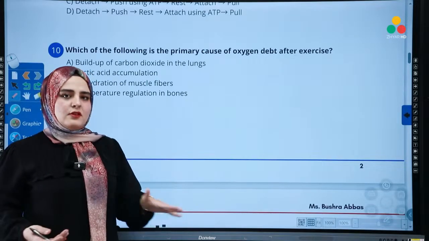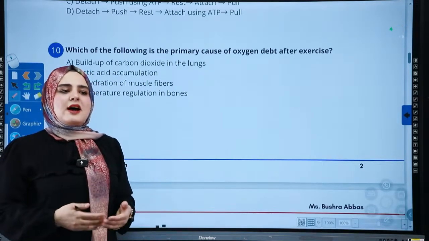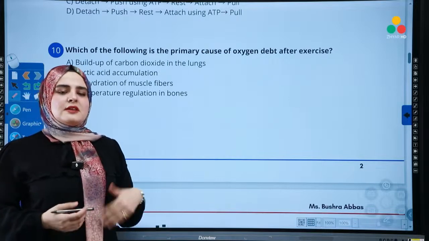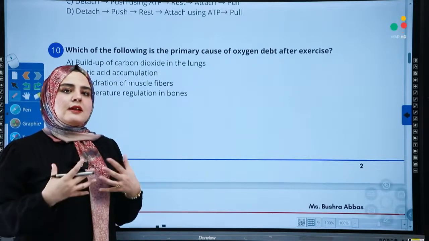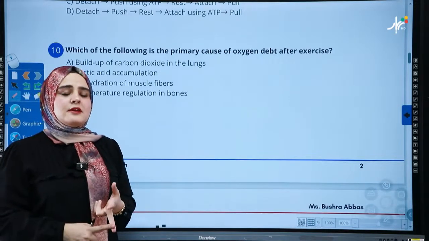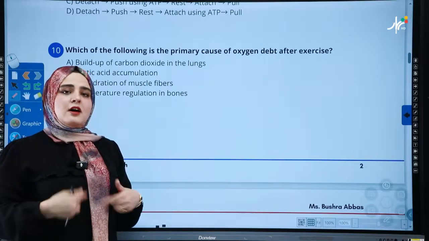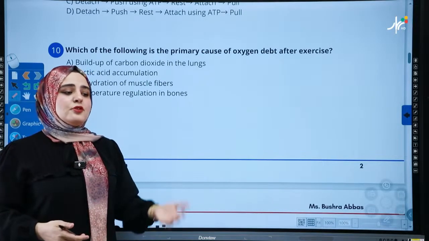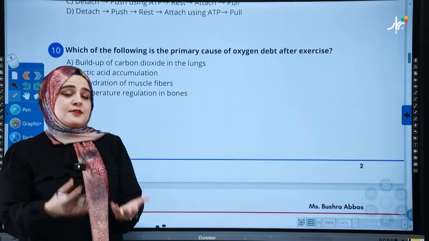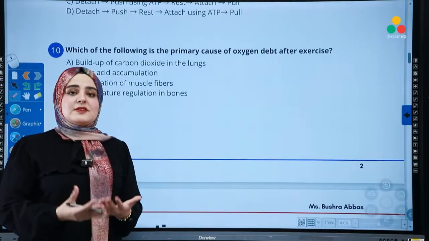Depletion means getting low. Soon after, maybe about 30 or 40 seconds, the body gets used to it again and the breathing gets heavier and faster. The brain stimulates that and the heart rate gets faster in order to accommodate the heavy exercise that you're doing. So this is why we have it.